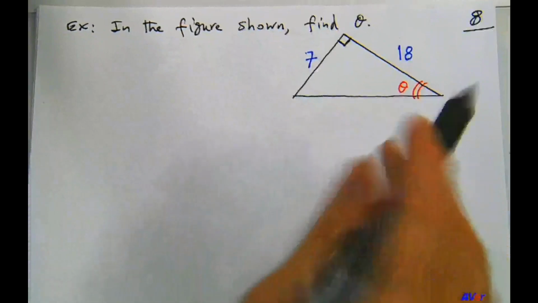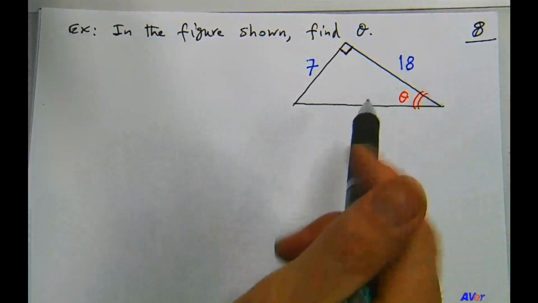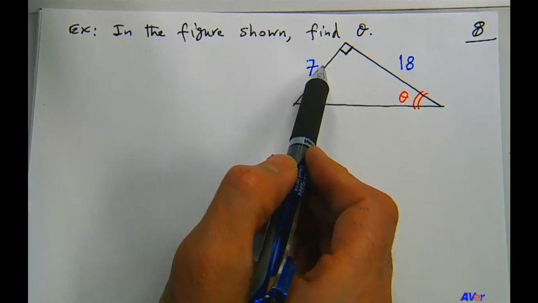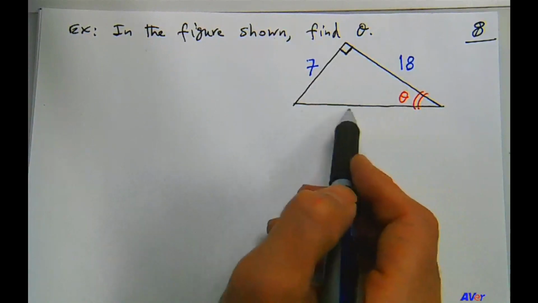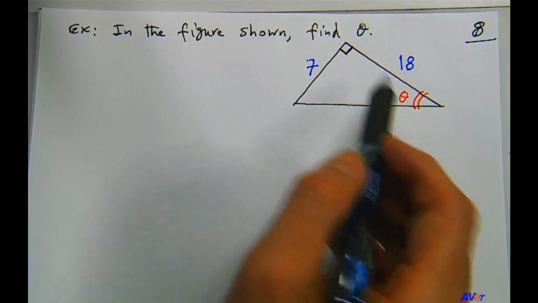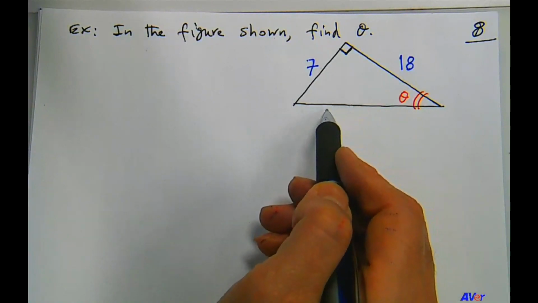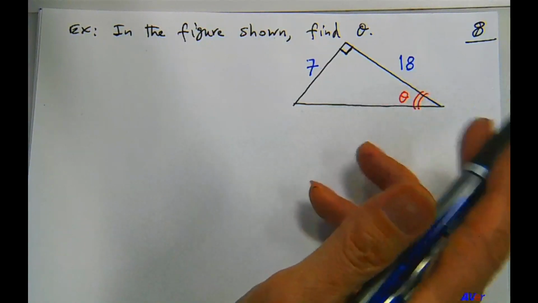So in this figure, all right, what do we have in this case? We have the angle theta. We are given the opposite and the adjacent sides. We do not have the length of the hypotenuse, right? But we don't care about that because there is a trigonometric function we can use that doesn't rely on the hypotenuse, at least not directly.